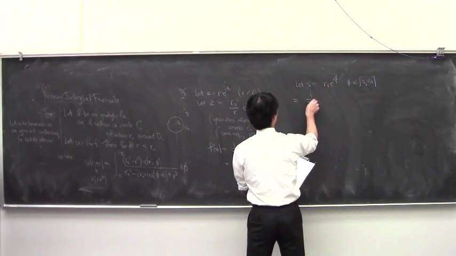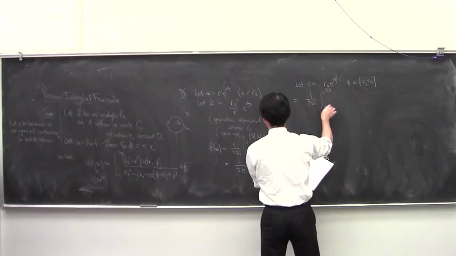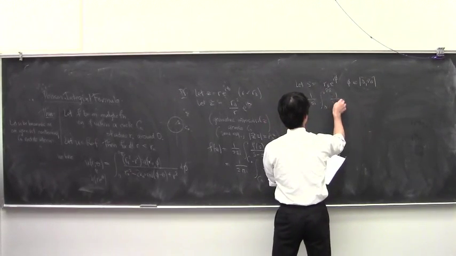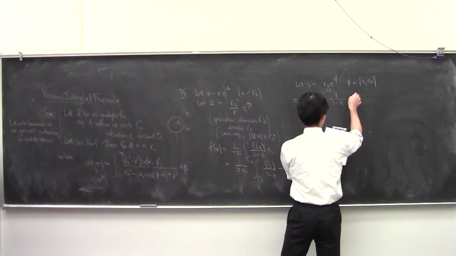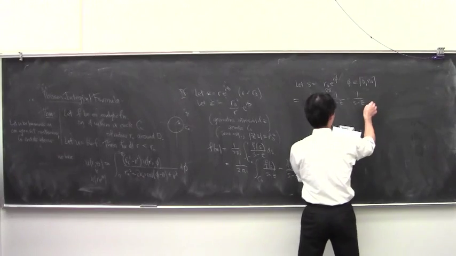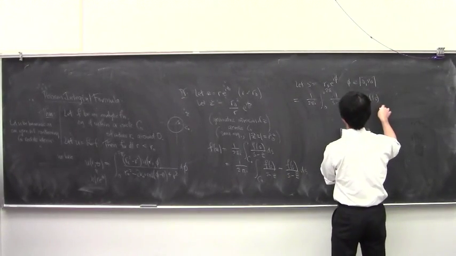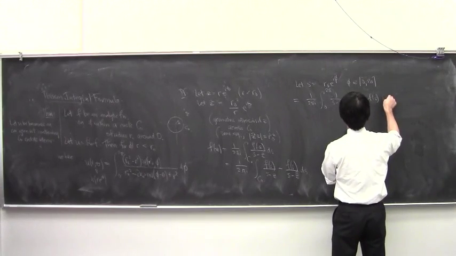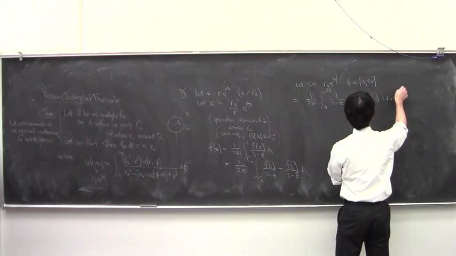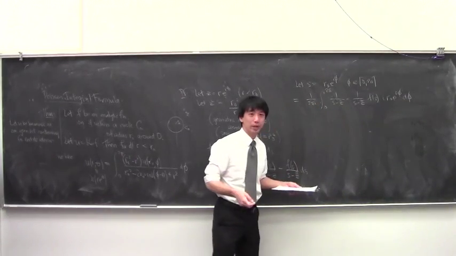We evaluate this thing, right? We get the integral from 0 to 2 pi of 1 over s minus z minus 1 over s minus z tilde, f of s, ds, where ds is i r naught e to the i phi d phi. Right. Just evaluation.